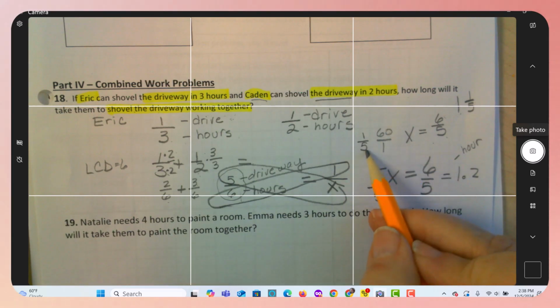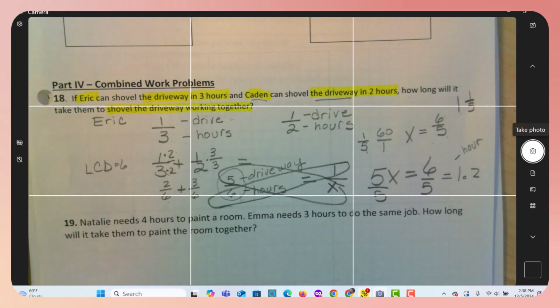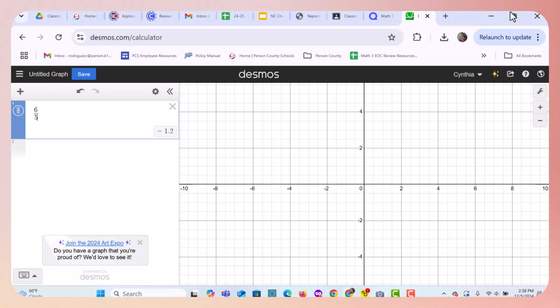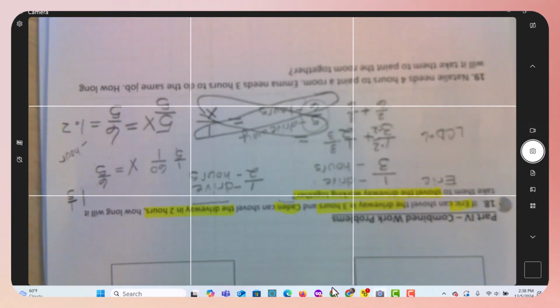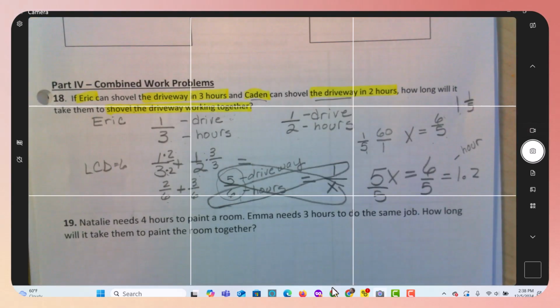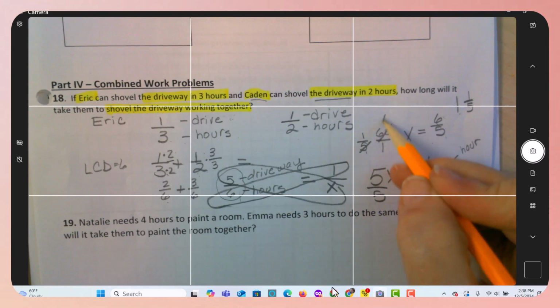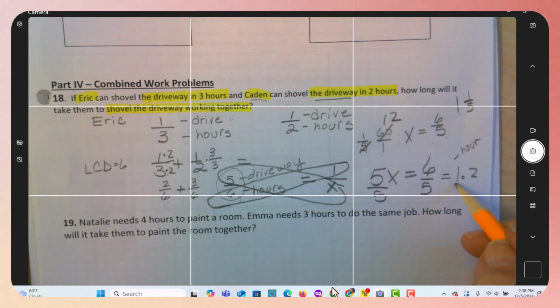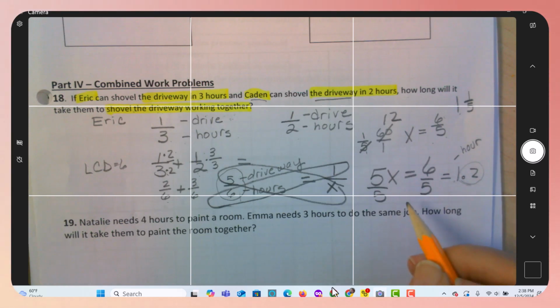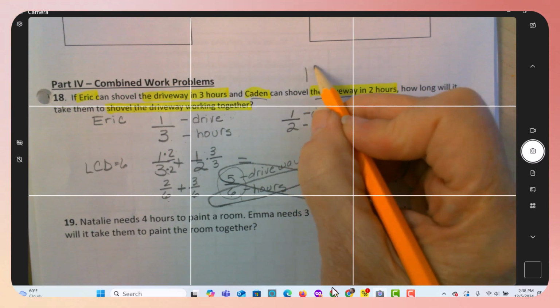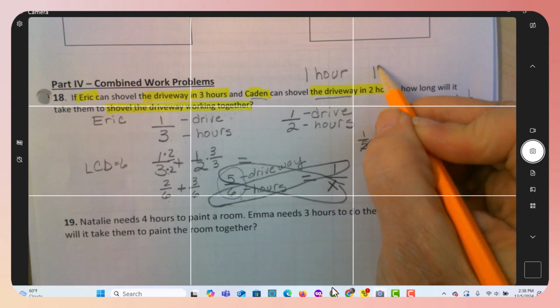So 60 divided by 5, you can get your calculator out again. 60 divided by 5 is 12. 5 goes into 60, 12. So 1 hour and 12 minutes. Now if you multiply 60 times 2/10, you're still going to get 12 minutes. So it's 1 hour and 12 minutes.